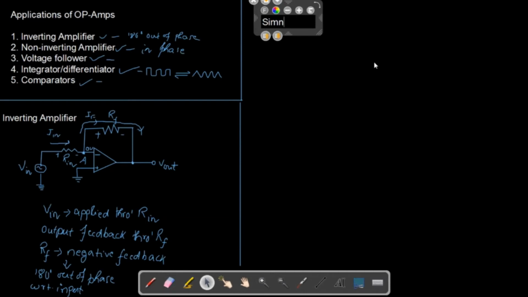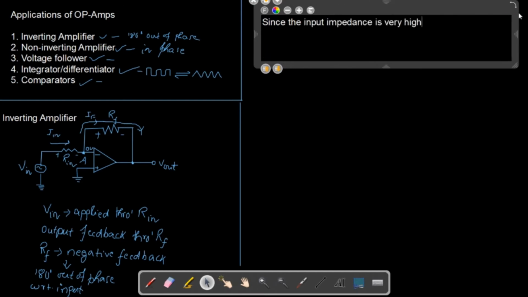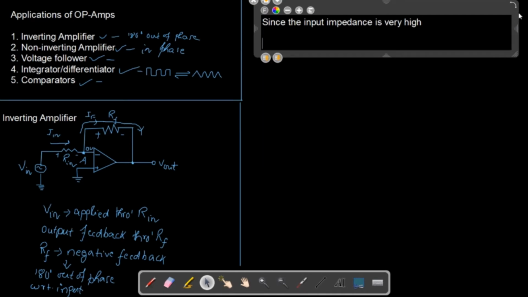Since the input impedance is very high, whatever current is going to the inverting input, I input, is equal to 0. This logic we are going to use again and again, so make sure that you understand this.